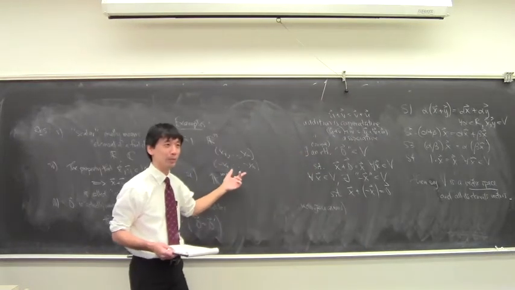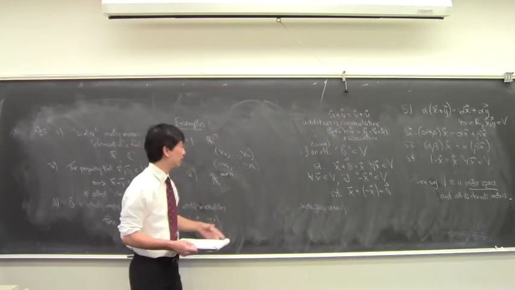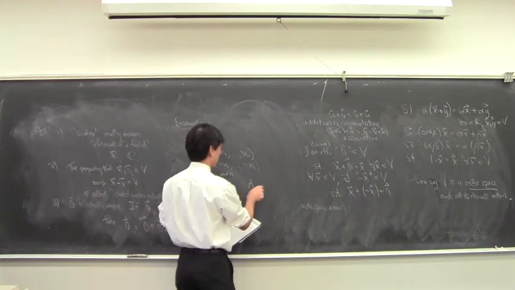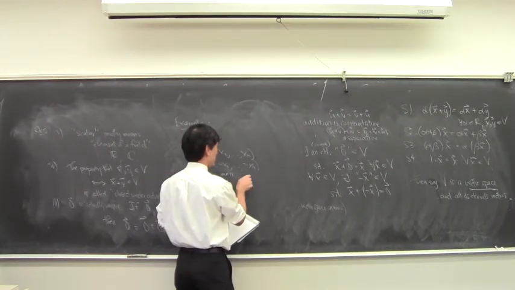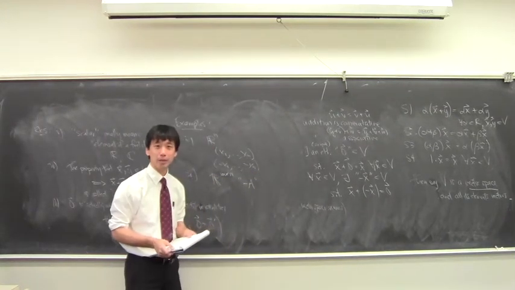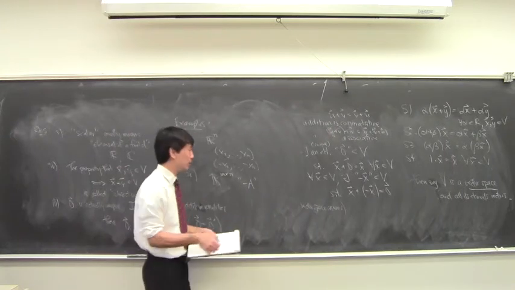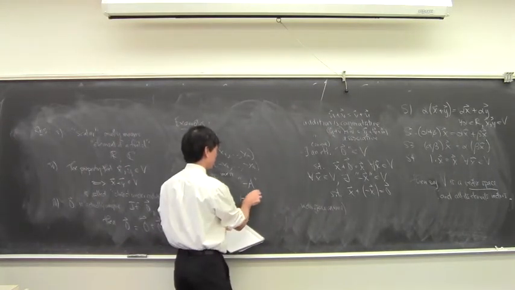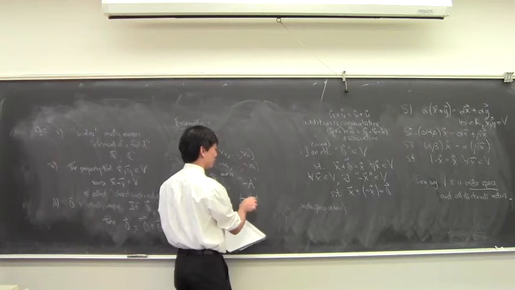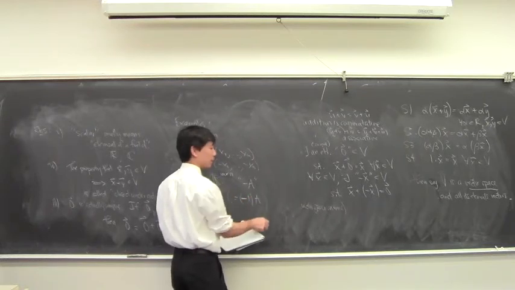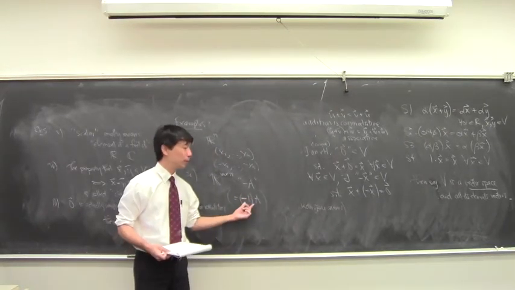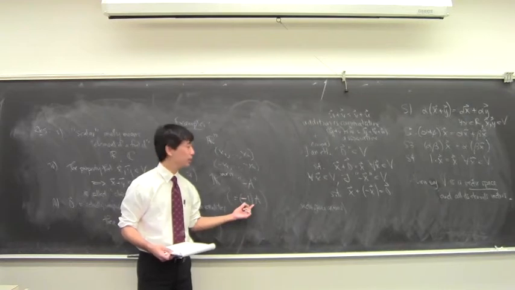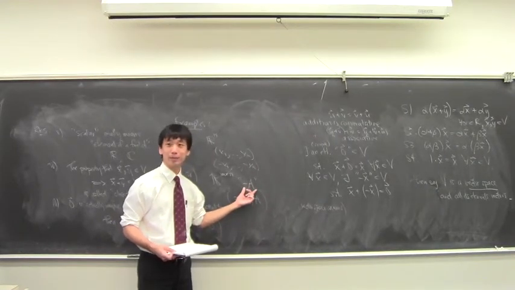Well, it's the m by n matrix of all zeros. There's a matrix negative A. What's the matrix negative A? Well, it's just -1 times the A matrix. You take your matrix and put -1 on every single element, and that's the additive inverse.